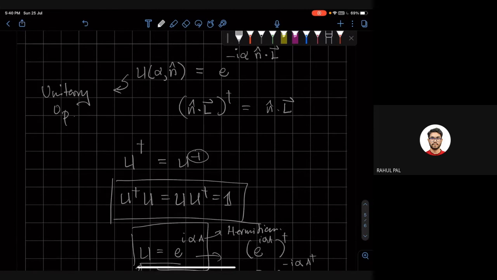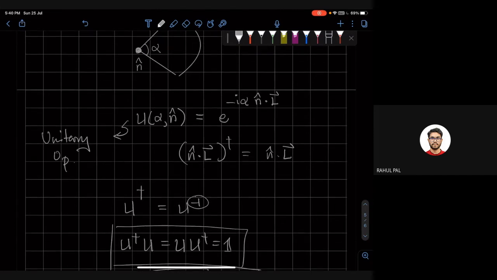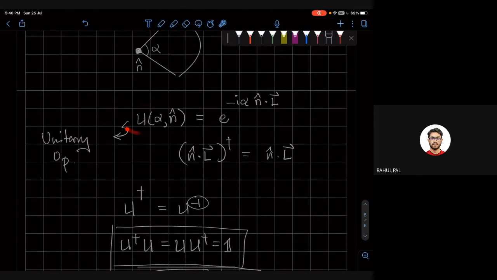Okay, and this is what we have here. We have a unitary operator which implements rotation on a state, and its form is given by the exponential of I times a real number, a parameter, times a Hermitian operator. So this is a form you need to understand. If you're going to do physics, you need to understand this form for the rest of your life, okay?